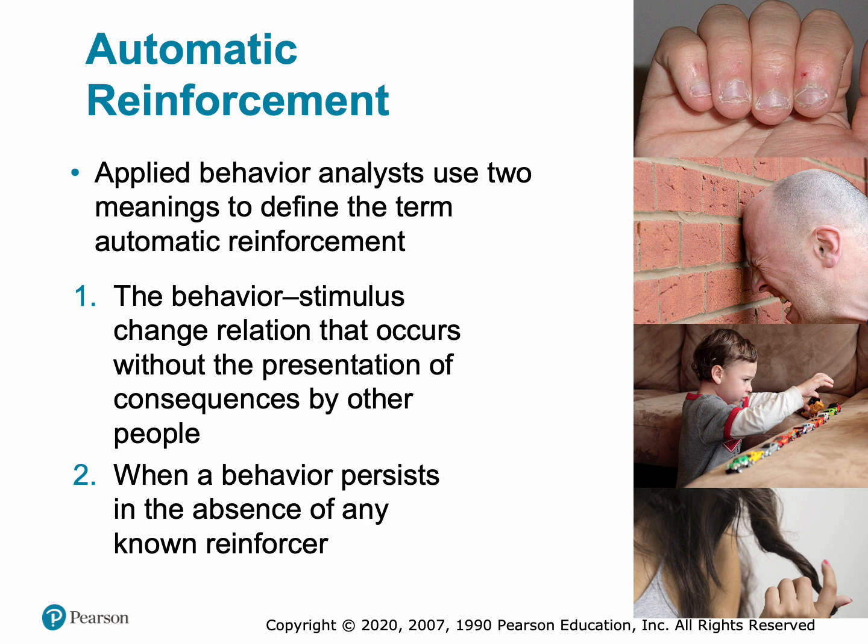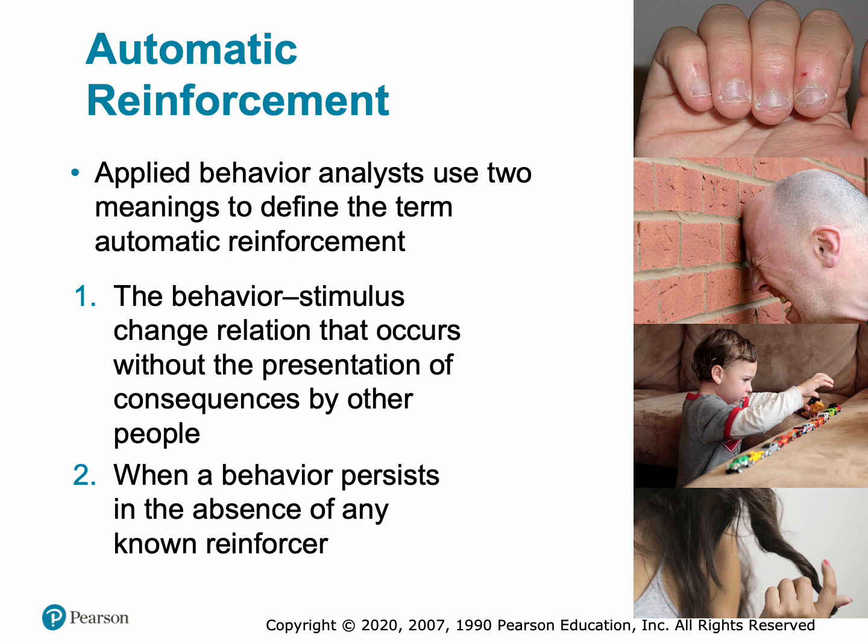And then there are behaviors that are automatically reinforced. Automatically reinforced behaviors don't require the consequence to be delivered by anybody. The consequence is delivered by the individual themselves. They're behaviors that continue to occur when there's no apparent or clear reinforcer.